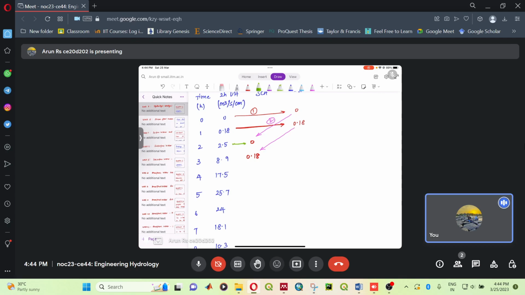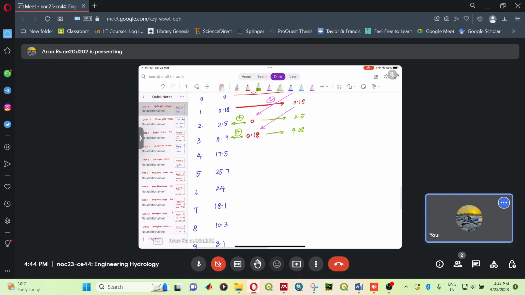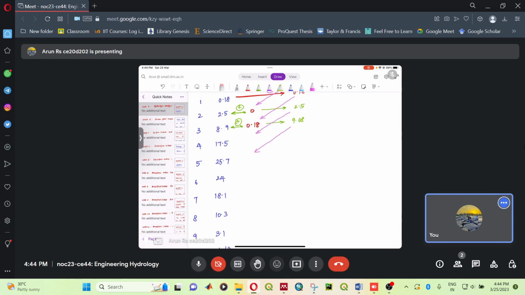Now we need to add second and third column and then put it in the fourth column. So that will be 2.5 and this will be 9.08. So again we need to add both and then leave it here. Next, again we'll bring these two coordinates together to the respective places and we'll be continuing.